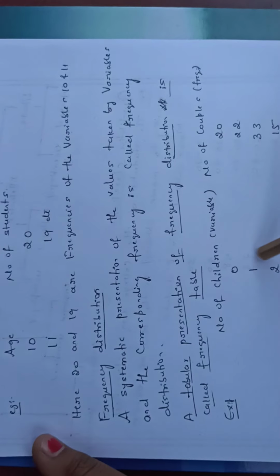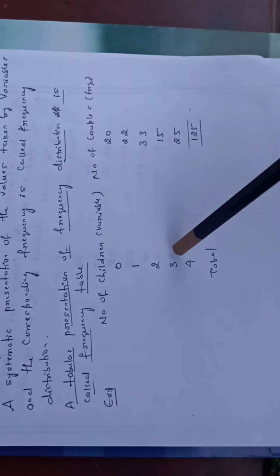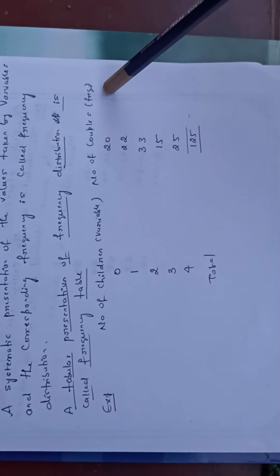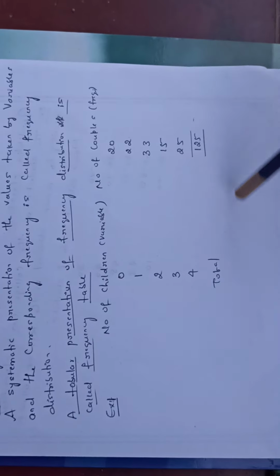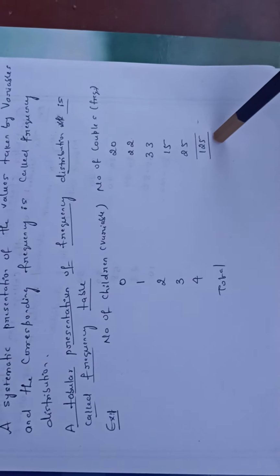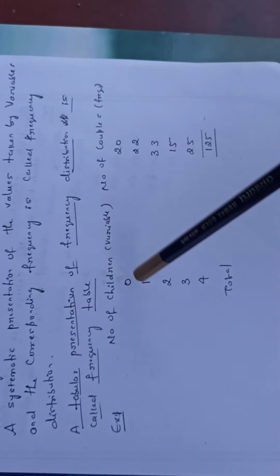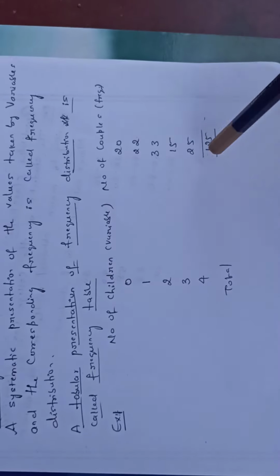The number of children is the variable, and here we have the number of couples. This is the number associated with the variable, which we name the frequency. The total number of couples here is 125. So this is just an example of a frequency distribution table.